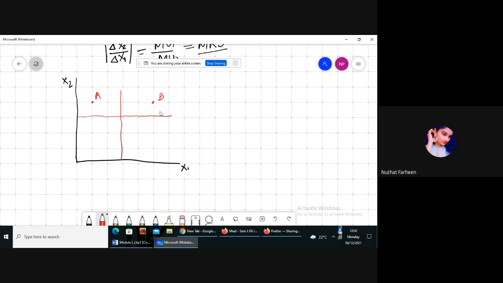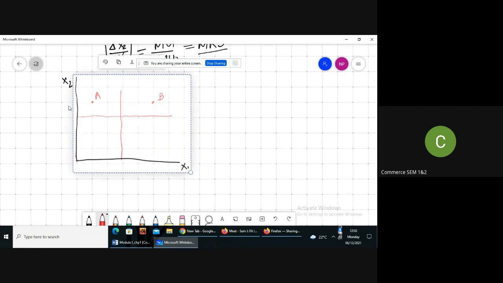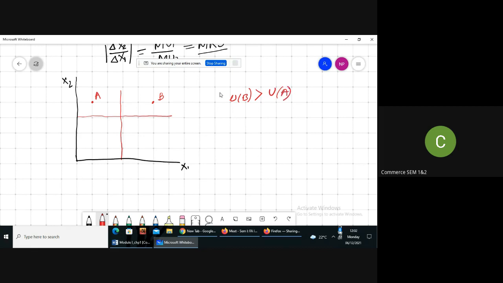So point A contains this much amount of x2, this distance, and this much amount of x1. সরি স্যার, না স্যার, বি তে বেশি হবে। Whereas point B contains this much amount of x1 and point A contains only this much amount of x1. So utility of point B must be higher than utility of point A, right?